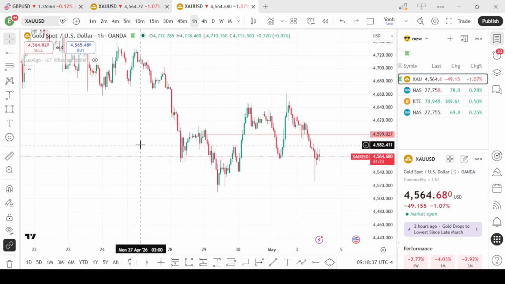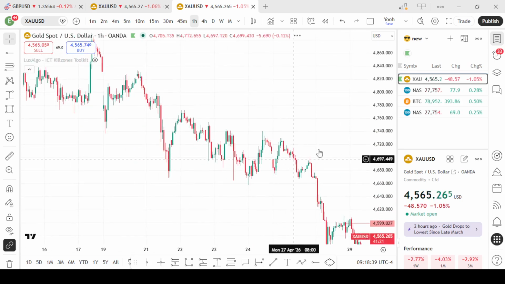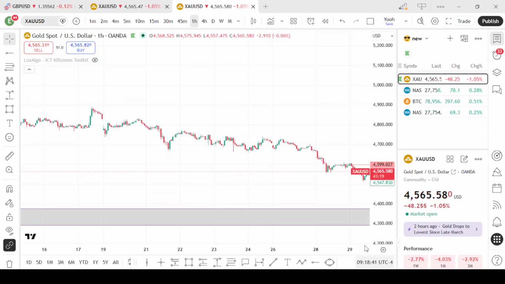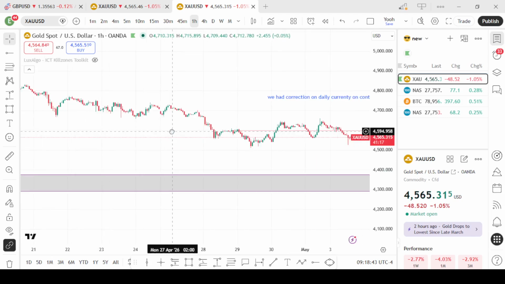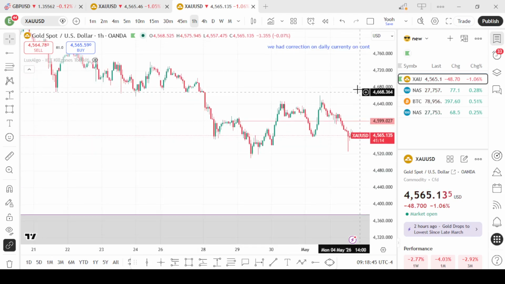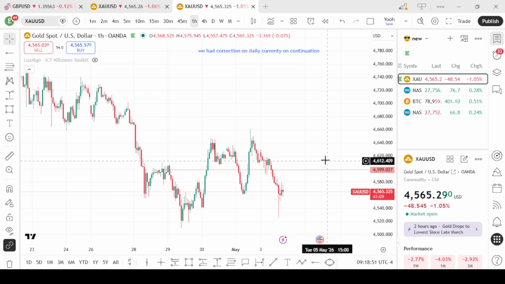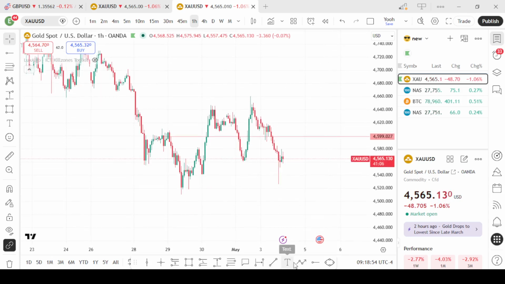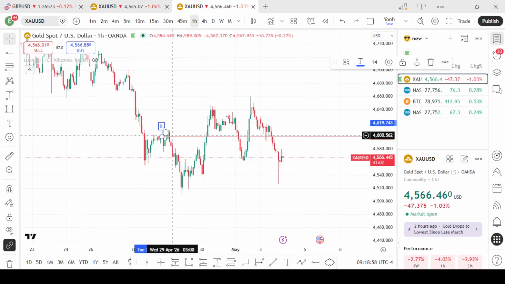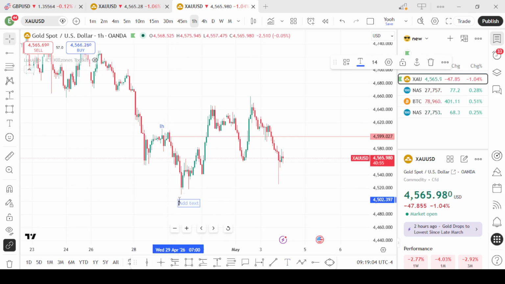We are not going far. As we can see, we are already in a downtrend here. But here, this is where we want to look at the market. This is our lower high, lower low.